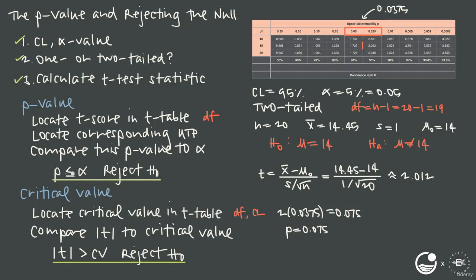But if we get a p-value that is larger than the alpha value, it means we're falling outside the region of rejection and therefore that we won't be able to reject the null hypothesis, we'll fail to reject it, which is why we can compare the p-value directly to the alpha value. We want to look at them in direct comparison, and that's why we double this value that we found here when we're running a two-tailed test, because from the t-table, we just get an upper tail probability value.